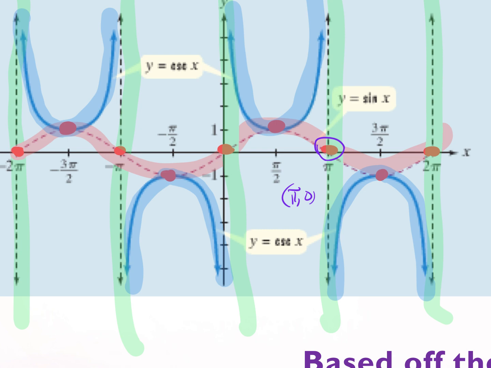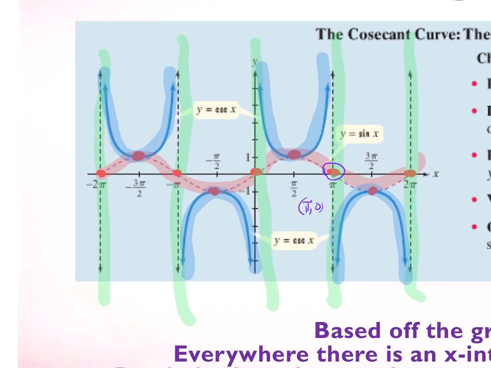Because when I do cosecant of pi, it's undefined, and there is no point there for the cosecant graph. So every place that my sine graph touches the x-axis, when the sine value is 0, the cosecant is going to be undefined. And that's why there is an asymptote there.